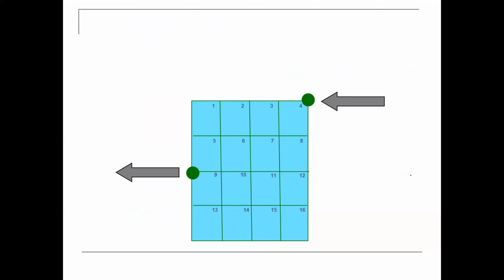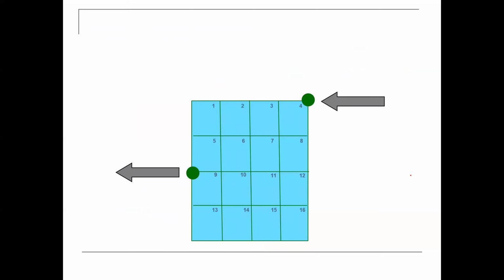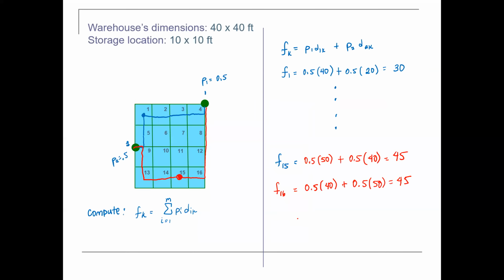And that's what I'm going to do here. So as we saw here, F1 is going to be 30. F15 is going to be 45. And this is also 45. The rest of the numbers, I'm just going to fill them up, but you know how to compute those now by following this process.